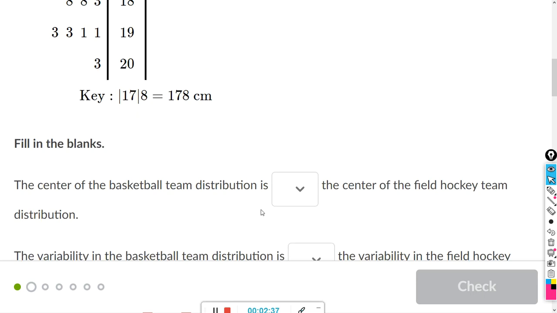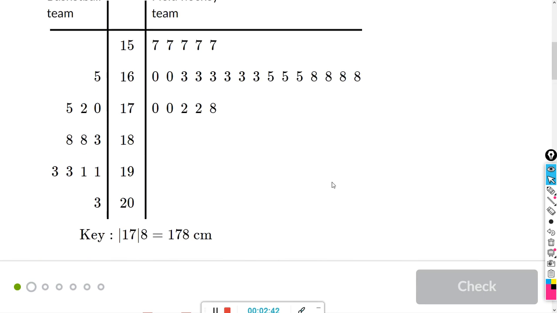For the basketball team, I would say the center would be around here. So that's going to be like 1/8 something centimeters. But the center for the hockey team would probably be somewhere around here.